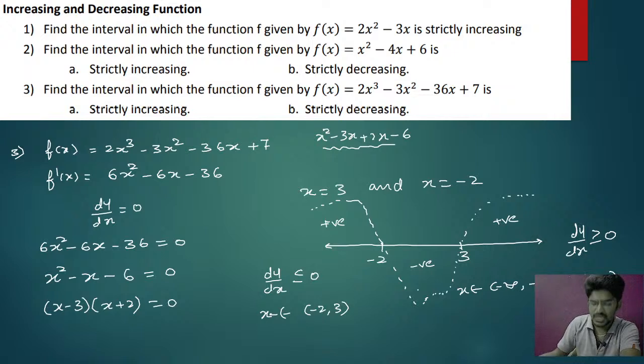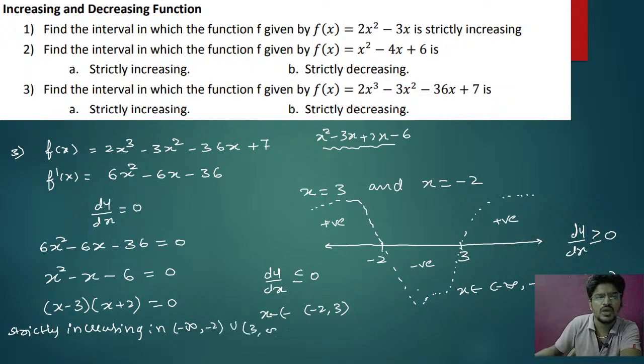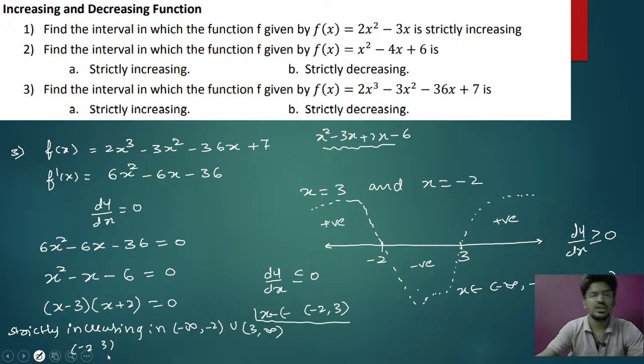Okay, so from this you can say that it is strictly increasing in minus infinity comma minus 2 union 3 comma infinity. Okay, and strictly decreasing in minus 2 comma 3. Okay, so this is your answer.